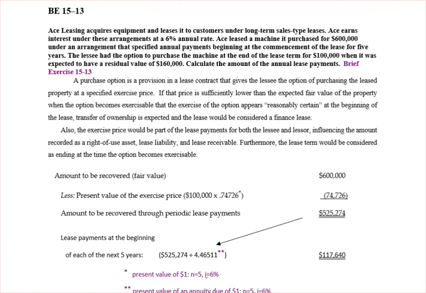In this particular problem, they don't tell you the information you'd like to see. They tell you the total value of the thing is 600,000, and you know the 600,000 is going to be made up of two components: the PV of 1, which is applied to the 100,000, and then also the PV, which is applied to the annuity payments.